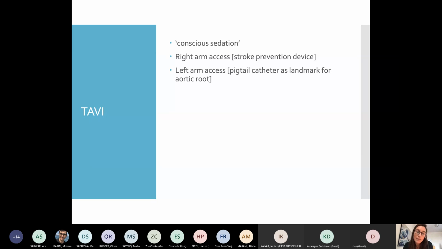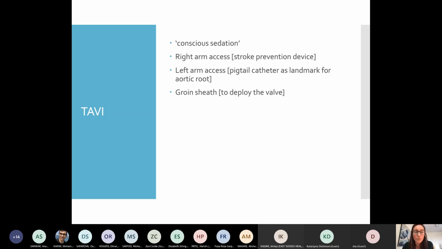There's access from the left arm, and we put a little catheter at the aortic root, where the aorta begins, because the whole procedure is done through X-ray guidance. So you're looking at the patient's chest under X-ray, and this way you can see something radiopaque in the position of the aortic root to guide you towards the aortic valve.